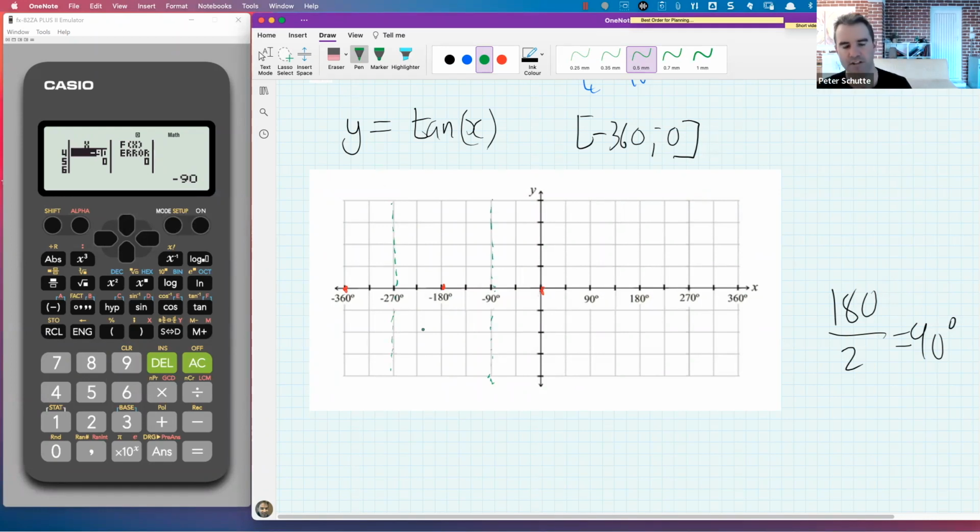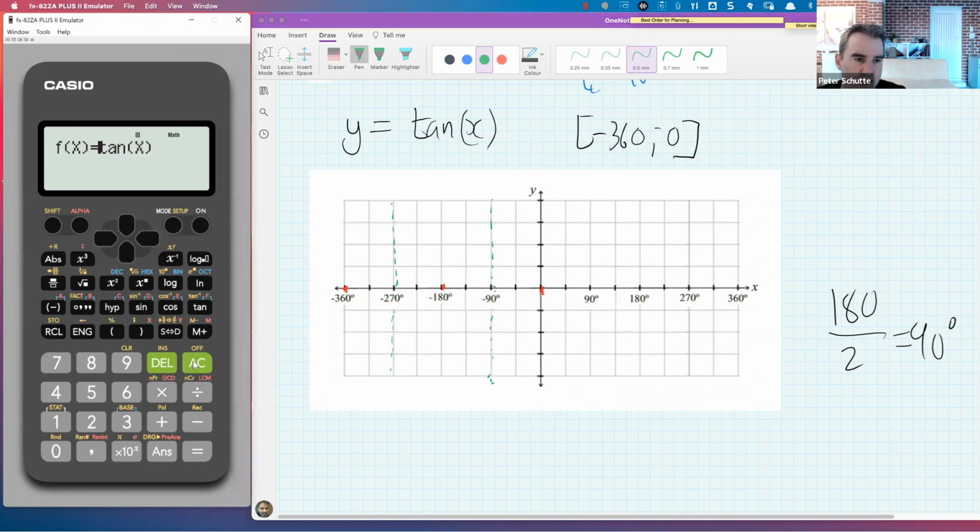Now, at this point, if you don't know the shape of the tan graph, you may say, okay, I need more points. You can put more points in, and if you change the step size, you'll get more points. Just to show you how you would do that, if you hit AC, go equals, everything's the same.